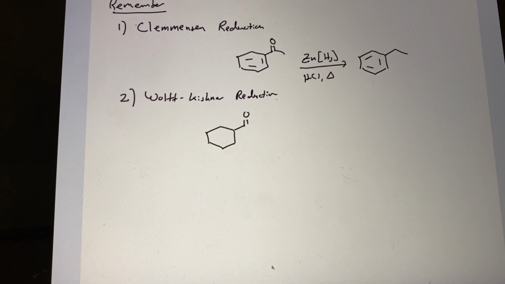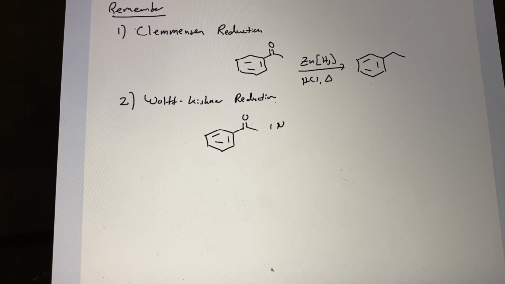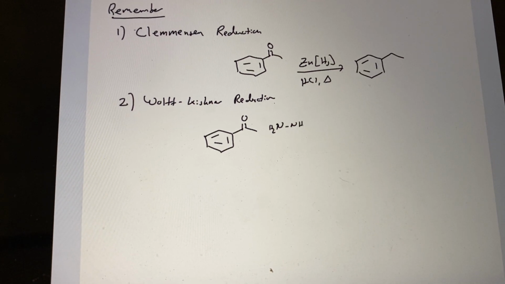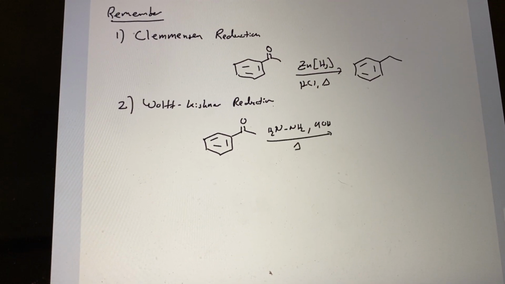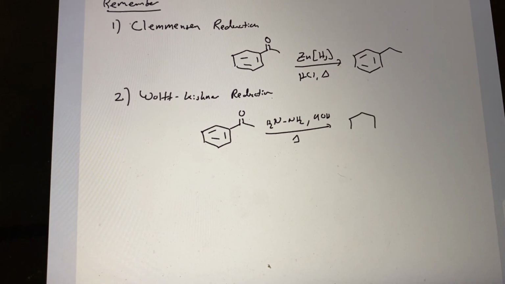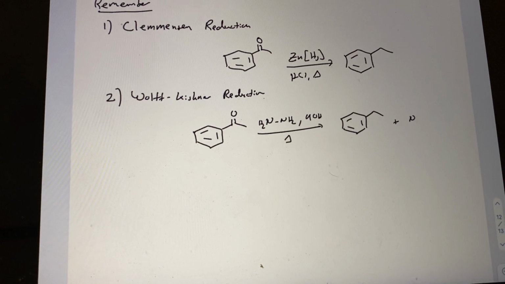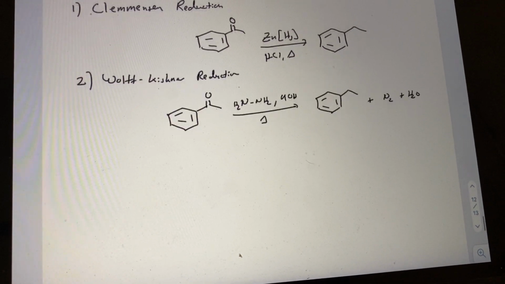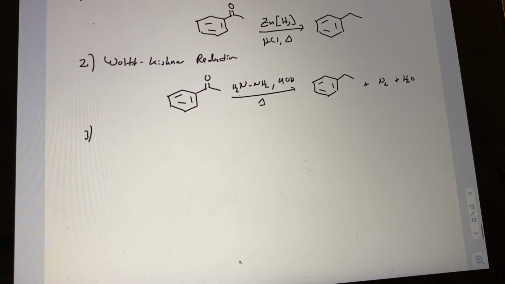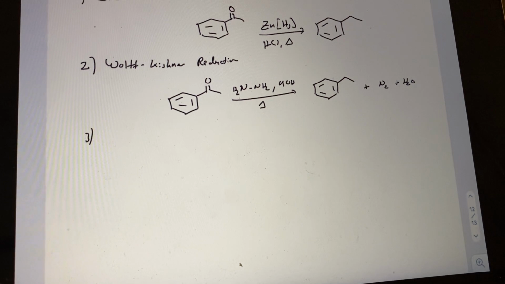That was another way to remove a ketone, and that one used hydrazine, NH2NH2, and a strong base, KOH, in heat, and that got rid of the ketone plus nitrogen. And then we had a third one, which was Raney nickel, with the thioacetal.